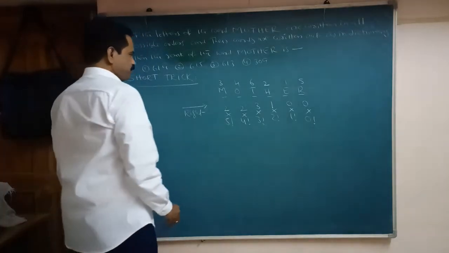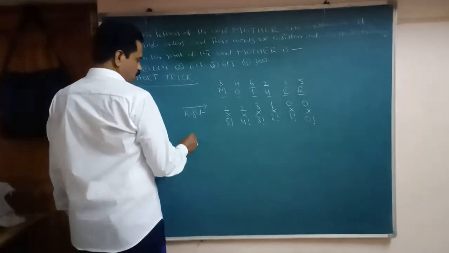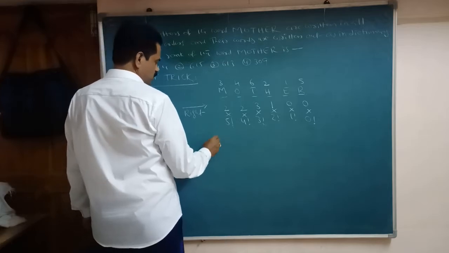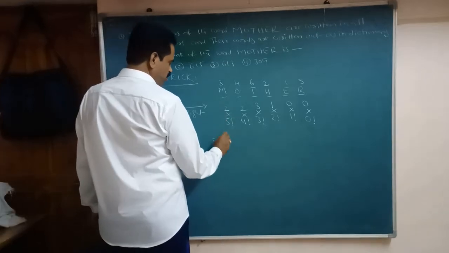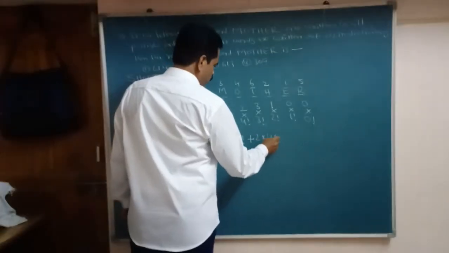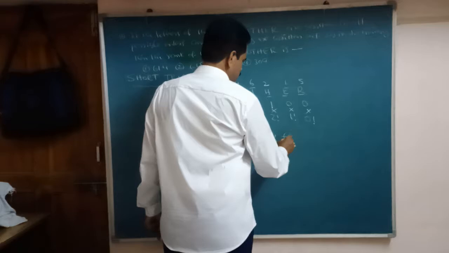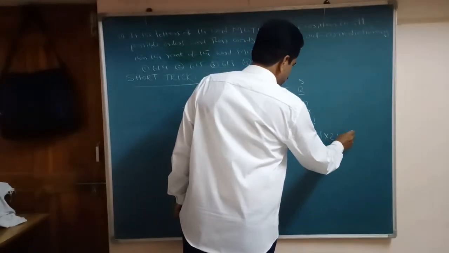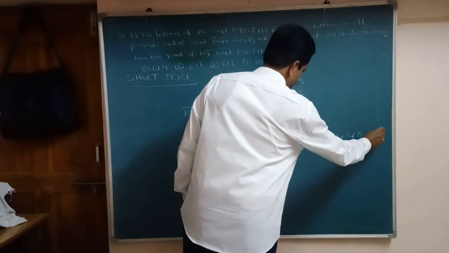So the required number of numbers equals how much here? 2 into 5 factorial plus 2 into 4 factorial plus 3 into 3 factorial plus 1 into 2 factorial plus 0 plus 0. After the last, add with what here?